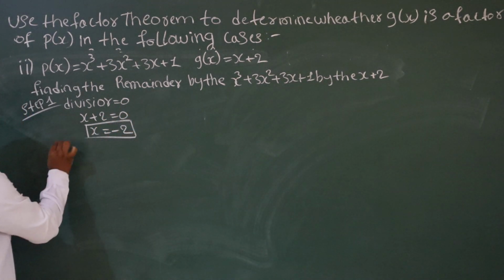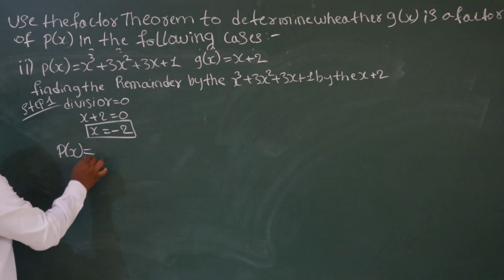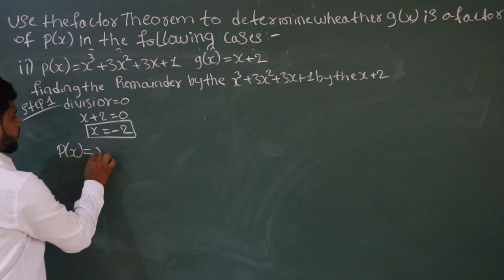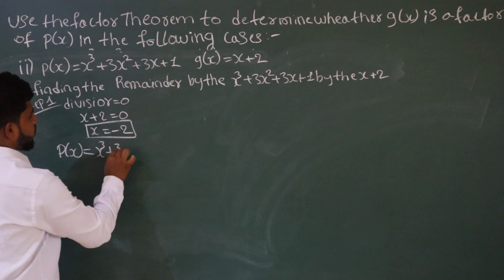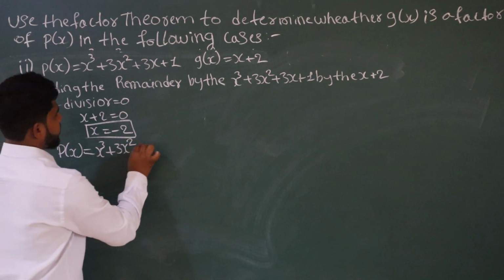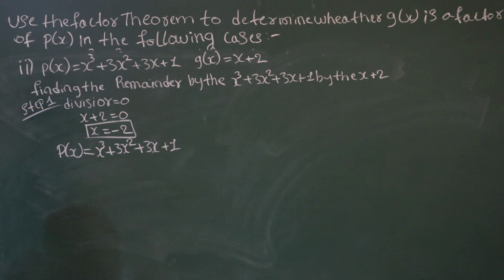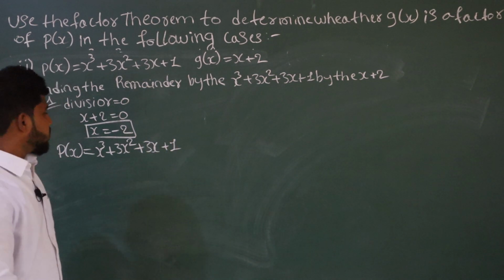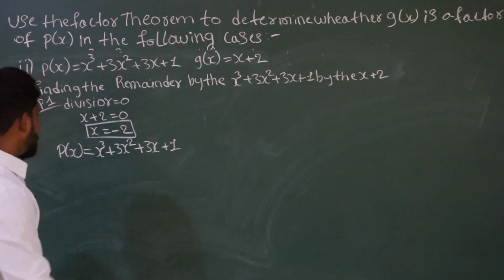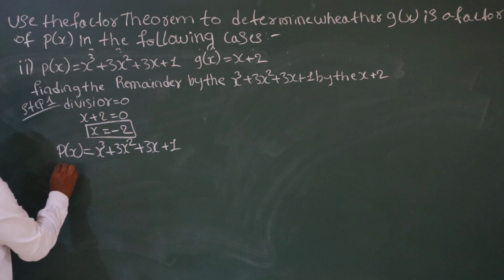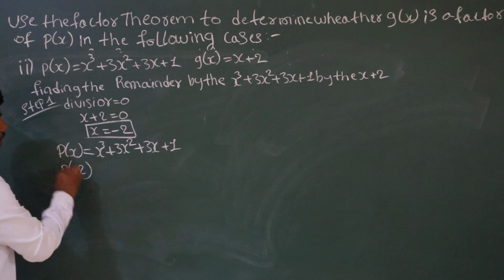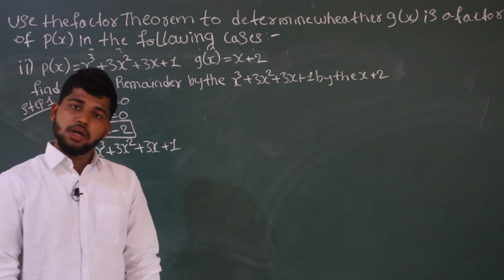Now if we take the p of x, what is the p of x here? X cube plus 3x square plus 3x plus 1. In the place of the x we are using the value minus 2, because we got the x value equal to minus 2.